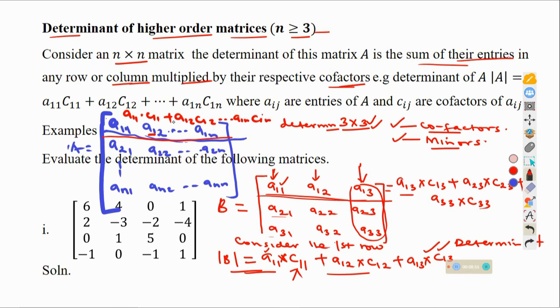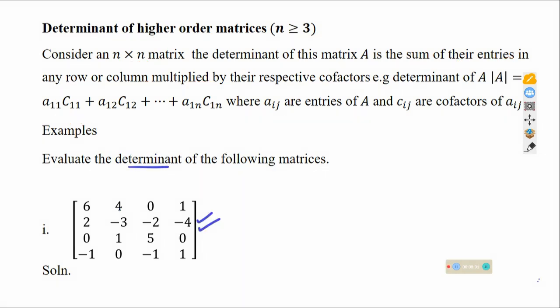So doing that, we shall have got the determinant of this matrix. So to get the determinant of a given matrix, choose a row or choose a column. Let us now look at some of the examples.